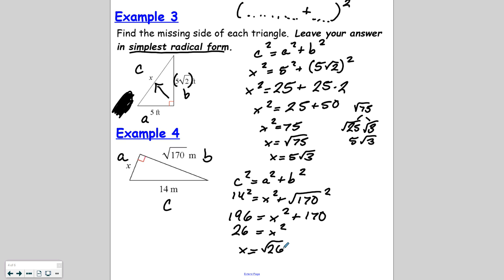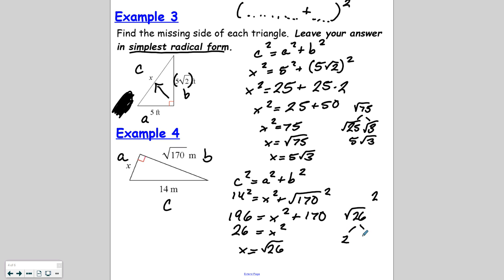And the next thing that we should do is try to see if we can simplify this any further. It's going to be able to be simplified as long as there's a perfect square factor that isn't 1. So we're going to go about using the lowest primes method now. First, we take a look at the lowest prime, 2, and is it a factor of 26?